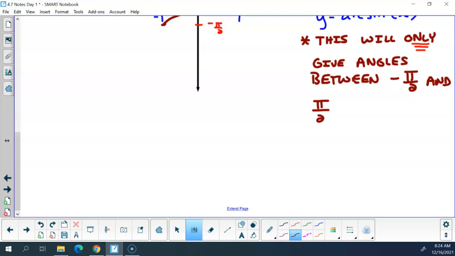Okay? Because it doesn't work, because we restricted our range to make it be a function. So what I'm saying, double star, is that the inverse sine and the arc sine only lives on the right half of the unit circle.